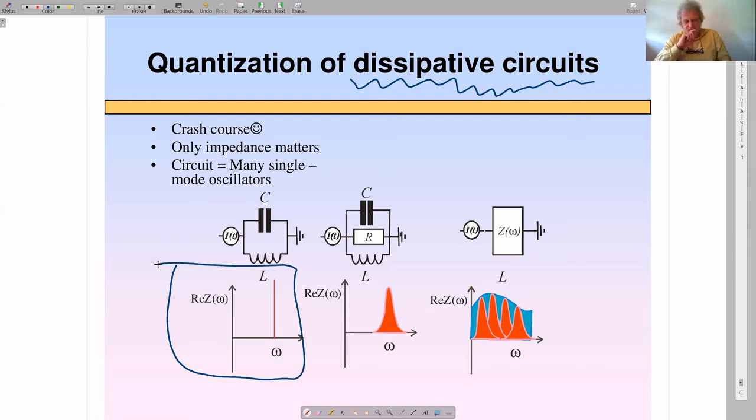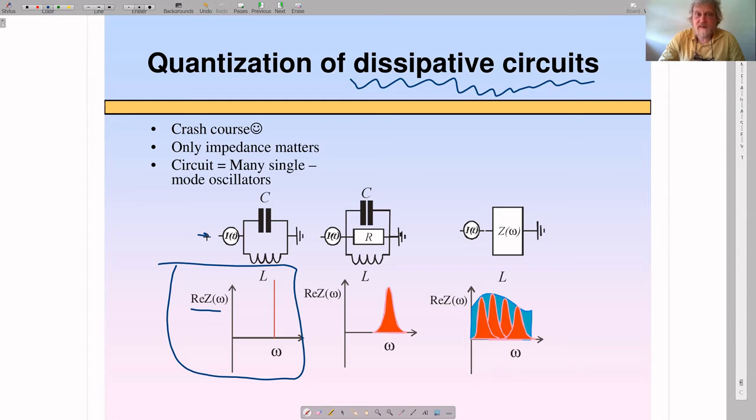Let us draw the real part of its impedance. What's impedance? You have a current source, you have a voltage response, and this is the coefficient between them, the impedance.